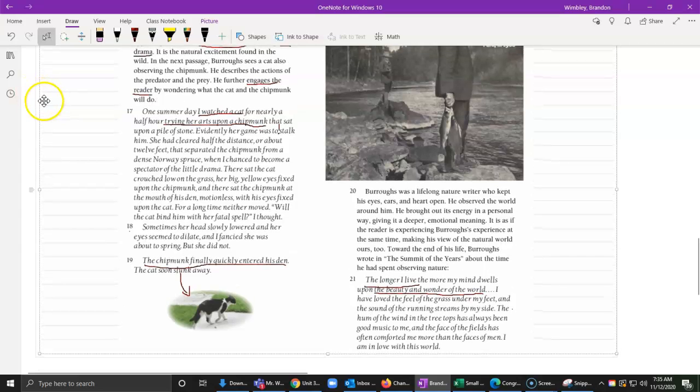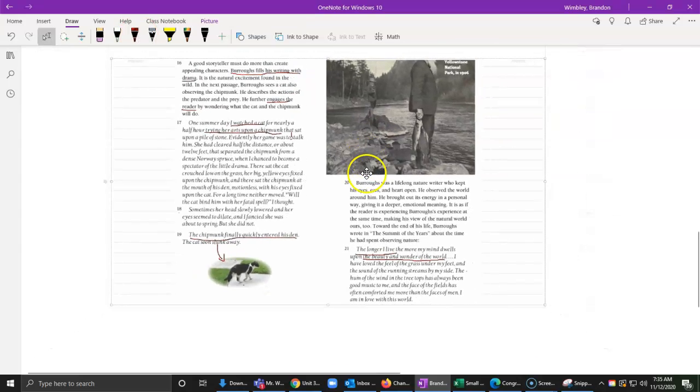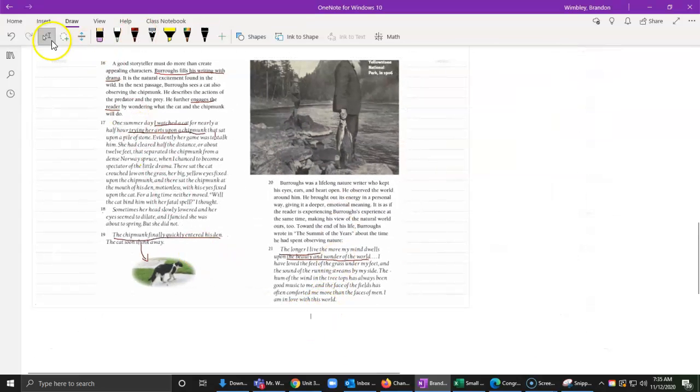So, let's write our part on this side over here for our summary. Let's see, hold on a sec, guys. There we go. So we're going to put our summary right here. And what do we notice in this section?